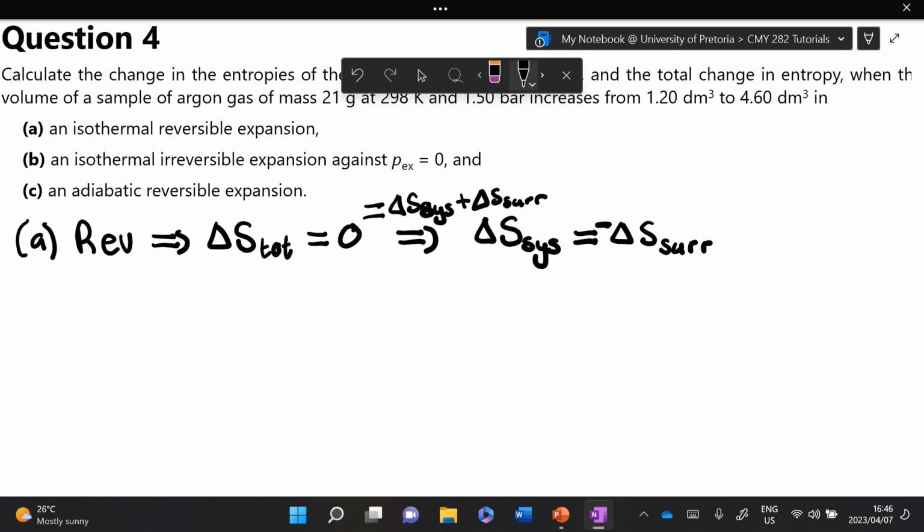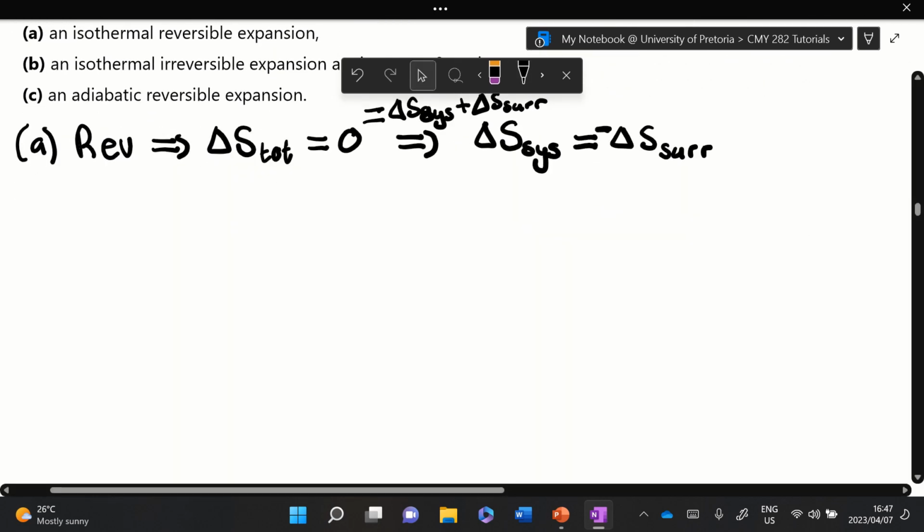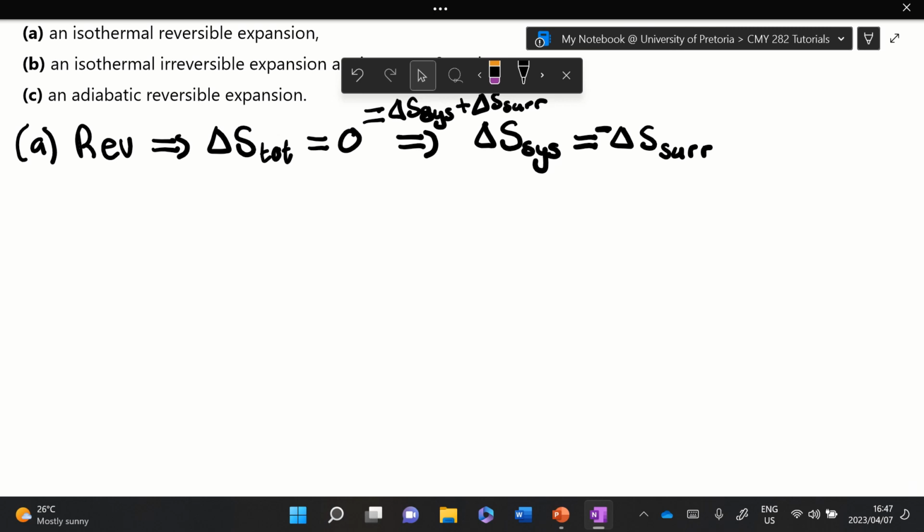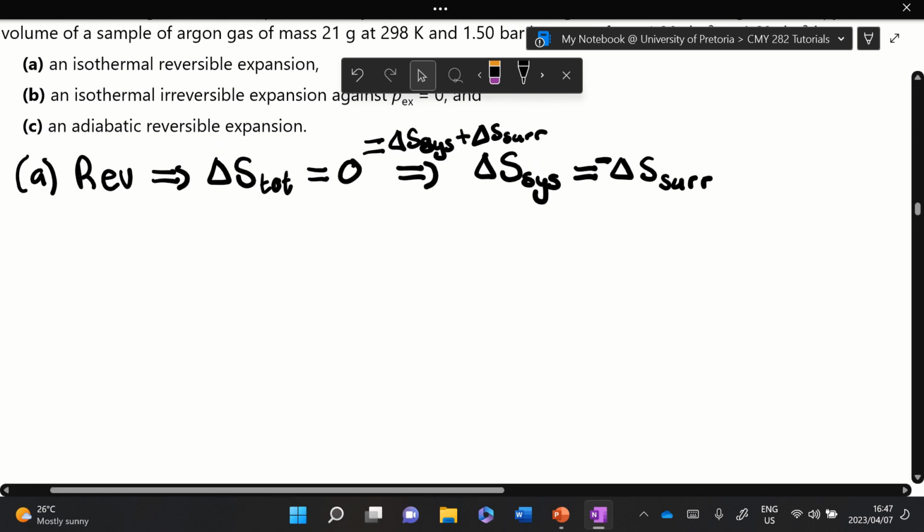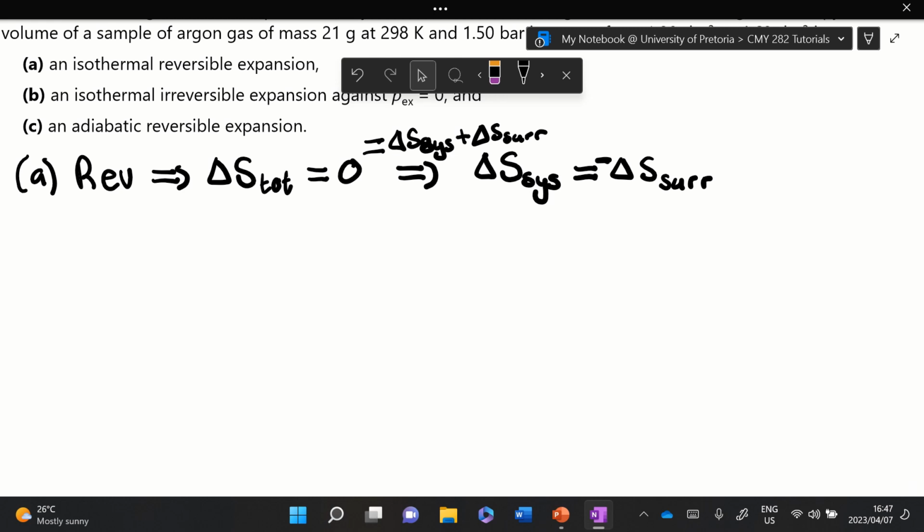But that's the long way. You can go that route, or you can just recall that the entropy change of an isothermal expansion of a perfect gas was given to us earlier in some of the notes we looked at, and it was nR ln Vf over Vi.